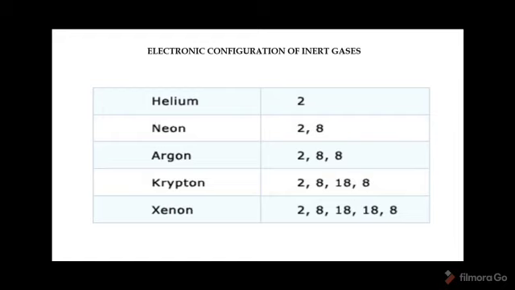So helium has 2 electrons, that is a duplet electronic configuration, while all other inert gases, that is neon, argon, krypton, xenon and radon, have 8 electrons in their outermost shell.